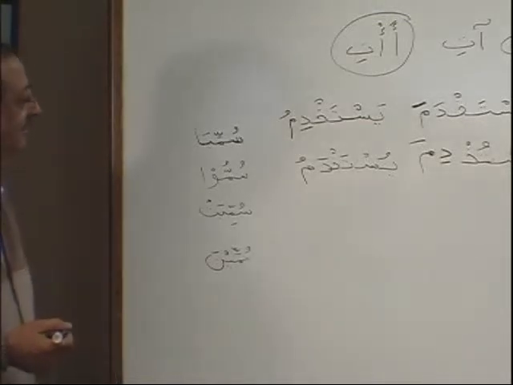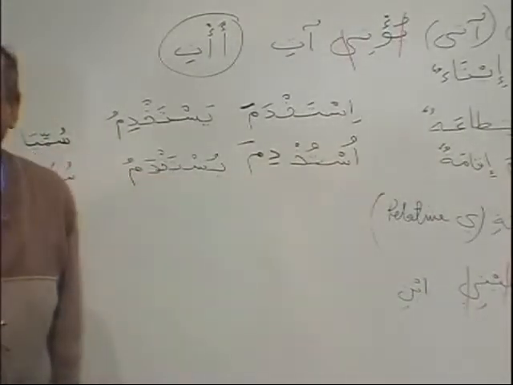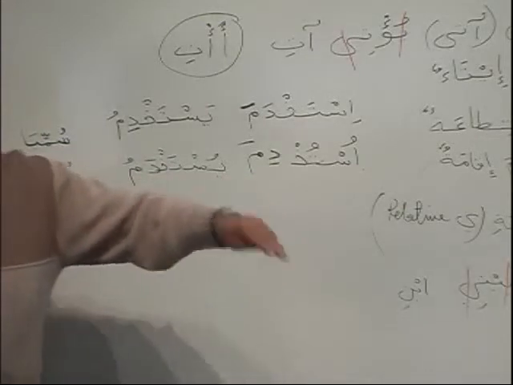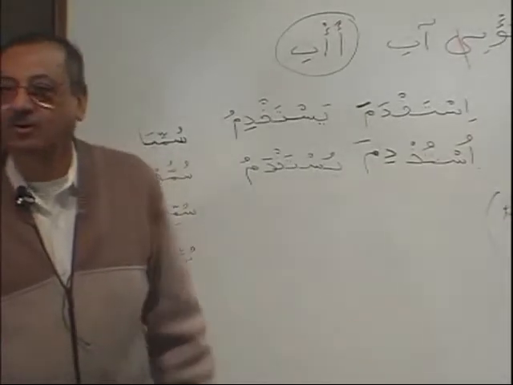Why over there you say two dhamma, and here one dhamma? Where is two dhamma here, sister? Sister, we go to the formula. Ain kalima gets a kasra, and everything else, mutaharrik, gets a dhamma. Khalas, that is the rule.